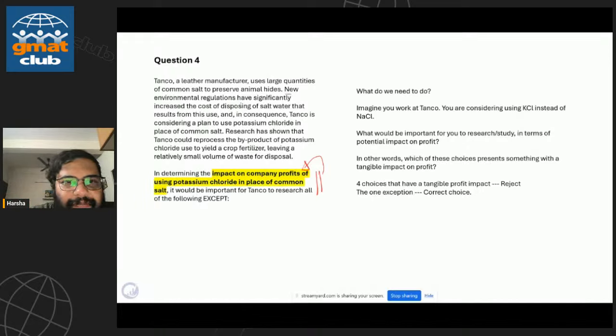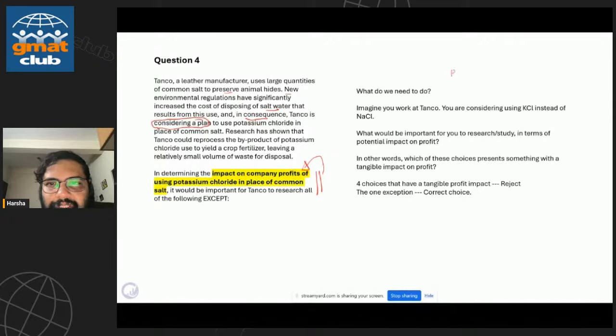Now, the problem is environmental regulations have significantly increased the cost of disposing the salt water, which results from this preservation use. And as a result, Tanco is considering a plan. So it's not a done deal, it's just a plan that's under consideration. The plan is to use potassium chloride instead of sodium chloride.